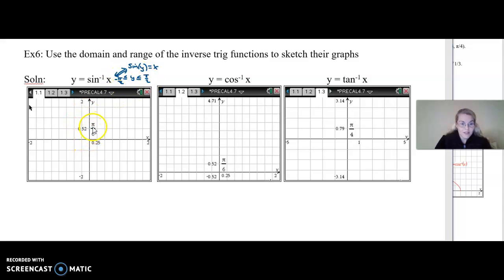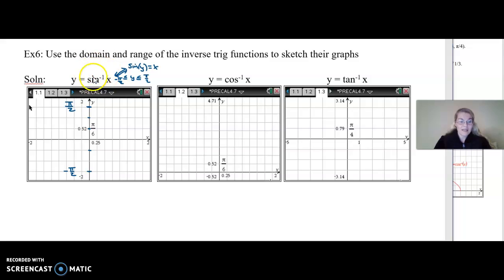So here's π/6, that's right there. So here's 2π/6. Here's 3π/6, which is π/2. So that's the top. Again, π/6, 2π/6, which is π/3. And down here is my -π/2. So my range is going from up here to down here.